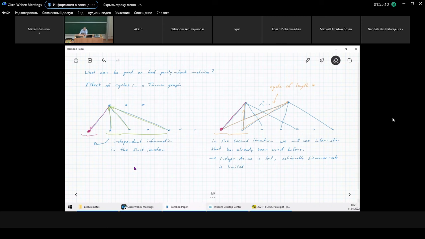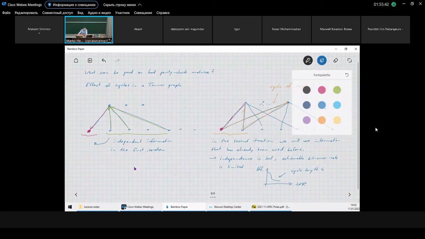Just to give you an idea how this could look like. Simulate this, bit error rate over SNR, signal to noise ratio. Then it could be that it starts very well. Then somehow it starts limiting. Example here, as if we had a cycle.